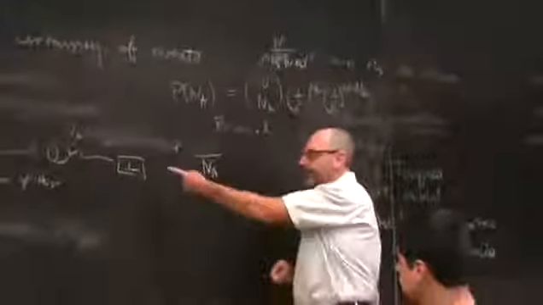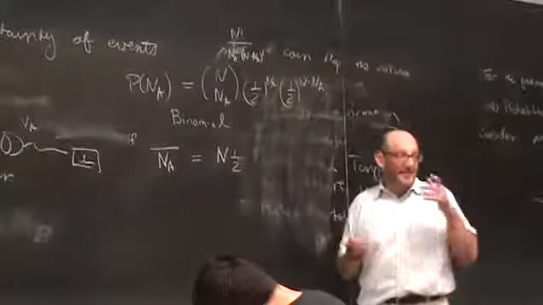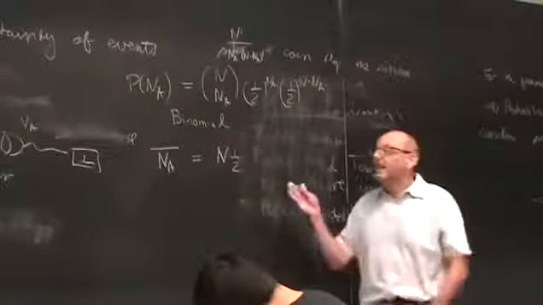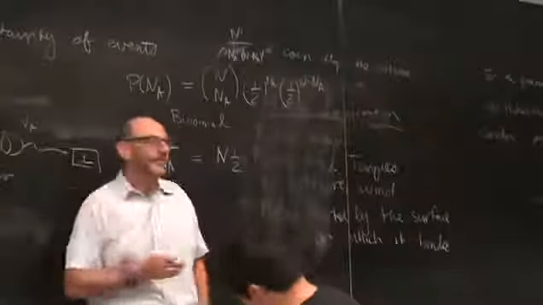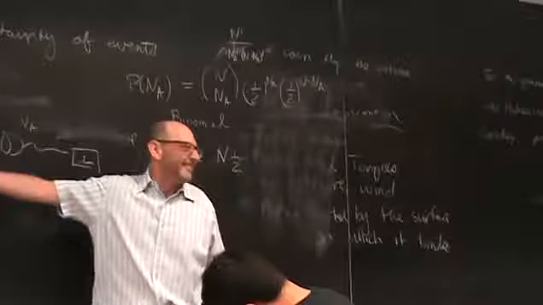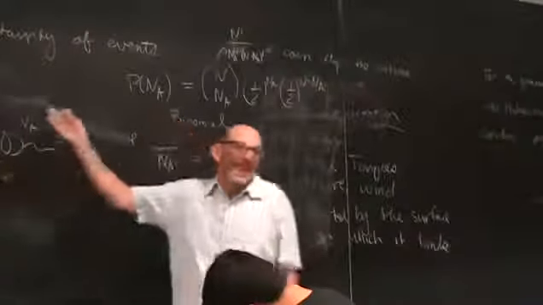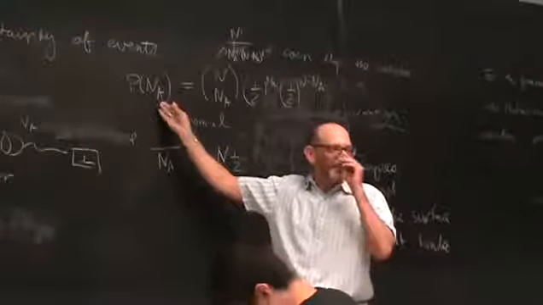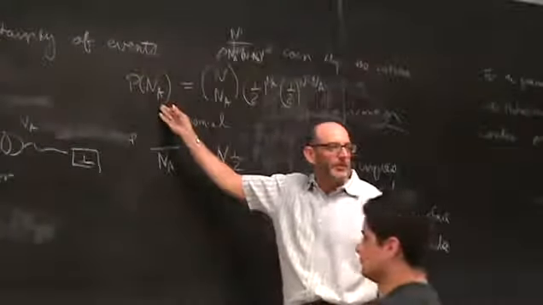On average, half of them will be transmitted and half of them will be reflected. But there will be fluctuations, as Monica suggested, about this, because this is counting statistics, right? That's the fluctuations associated with the binomial distribution.